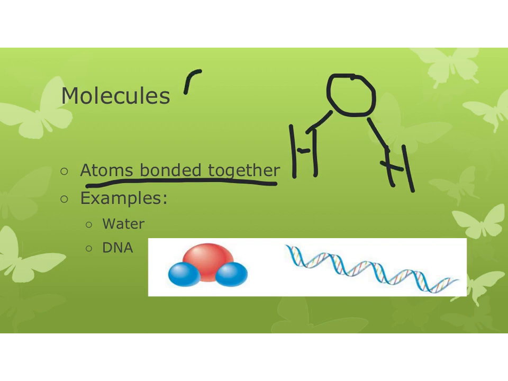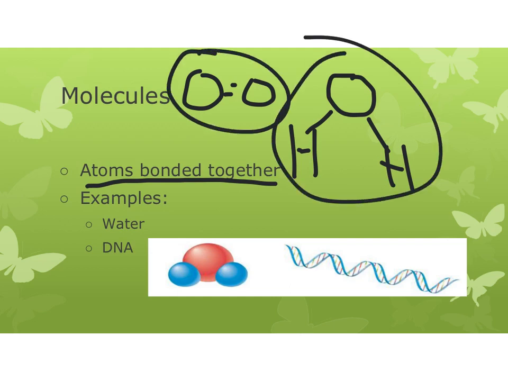I can also take two oxygen atoms and bind those together, and that would be an oxygen molecule. So whenever you have two or more atoms bonded together, that's a molecule. Now, these can be things that are pretty small, like oxygen or water, or it can be something huge, like DNA, which is pictured here, is actually millions and millions and millions of atoms bonded together.